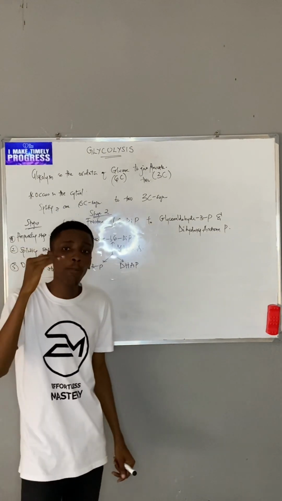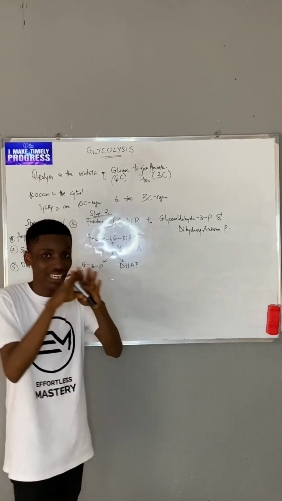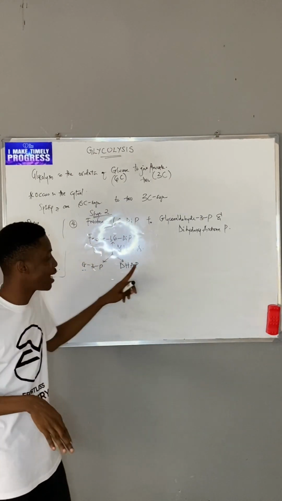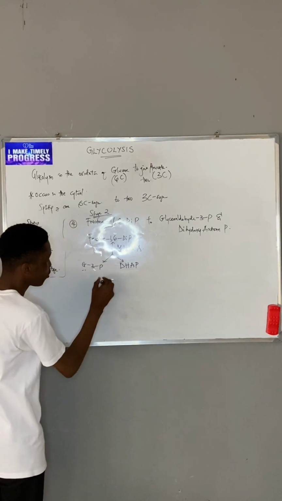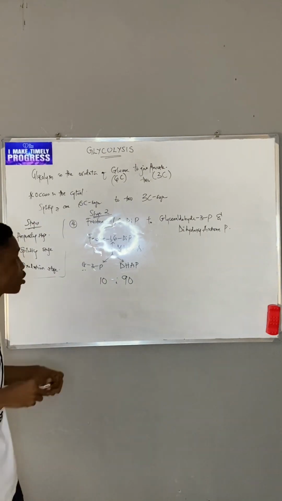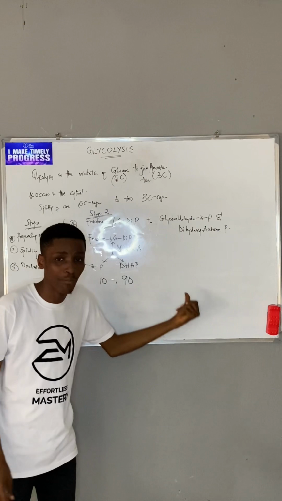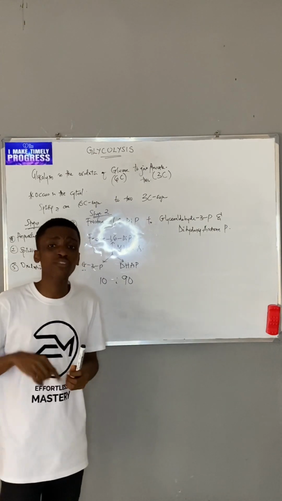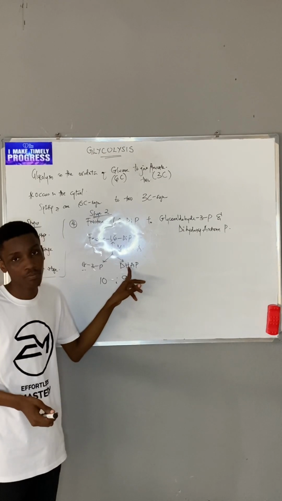So the glycolytic pathway gets to stage 2, which is step 4, and they split into 2, G3P and DHAP. And usually the percentage that we have in the body is 10:90. So during their formation, we tend to have less of G3P and more of DHAP. But still, what the body needs for the next stage of glycolysis is G3P.